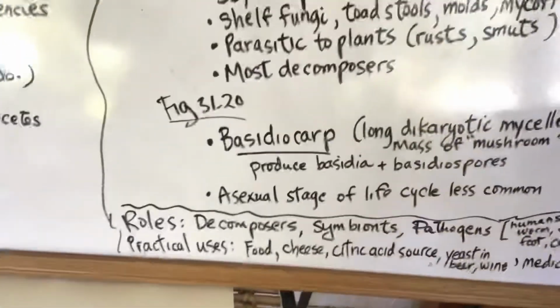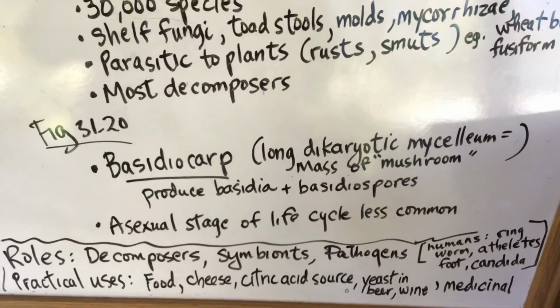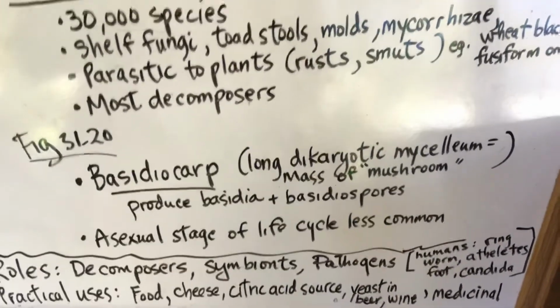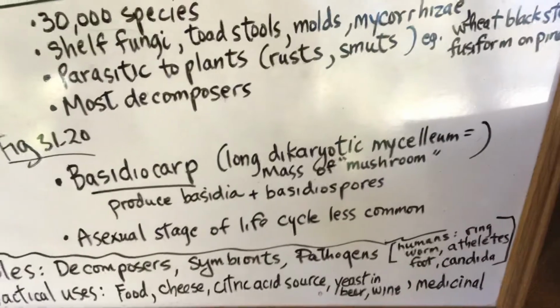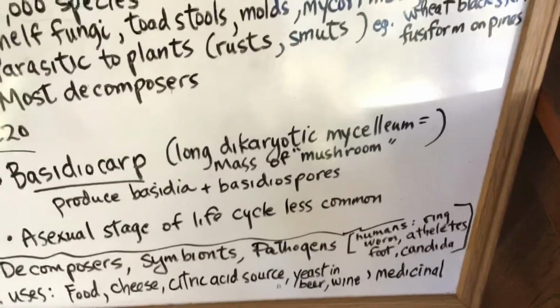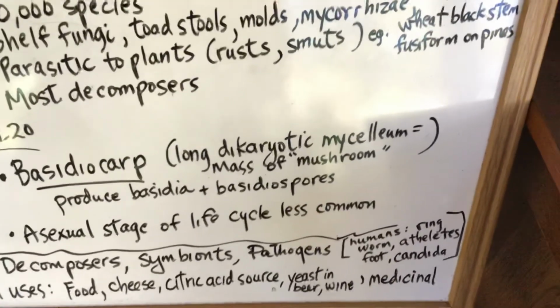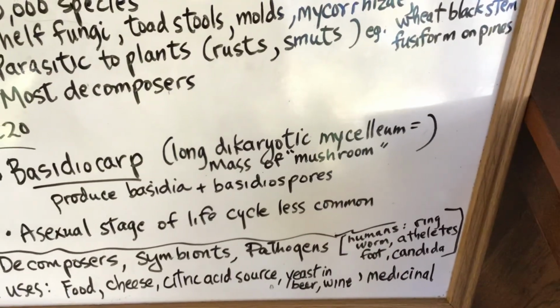And some practical uses are, of course, we can eat them, but they're also used in making cheese. They're a citric acid source. And, of course, yeasts are used in making wine, beer, and other things like kimchi. And then they are also medicinal.